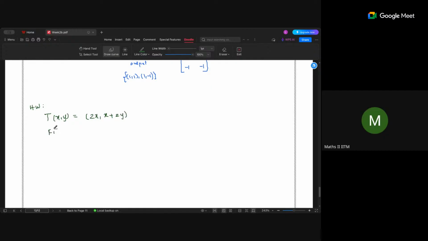First find the matrix of T. Find the rank and nullity of T. Is T invertible?